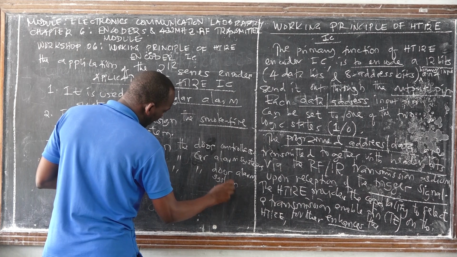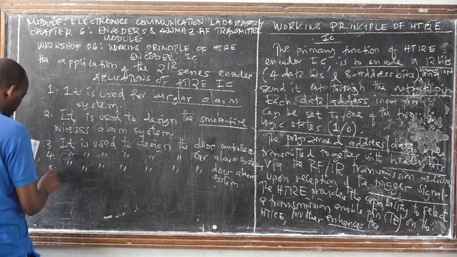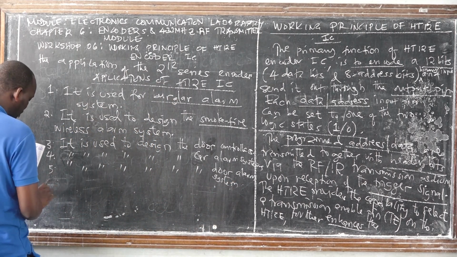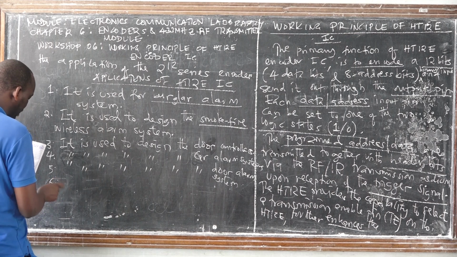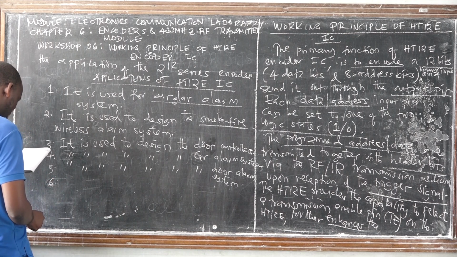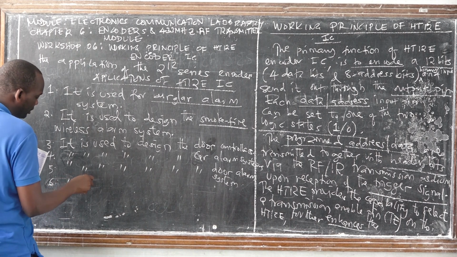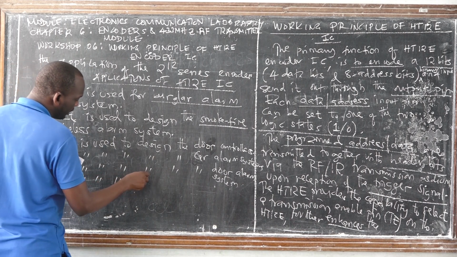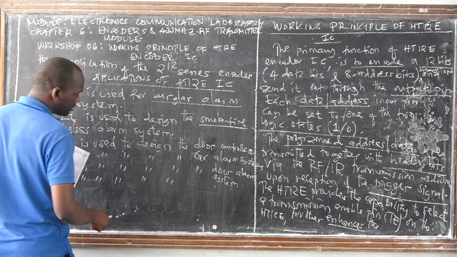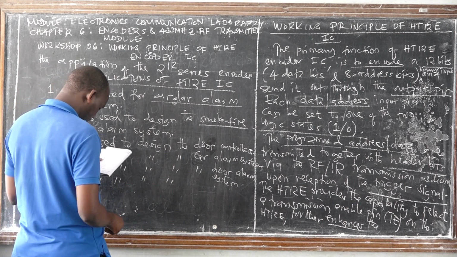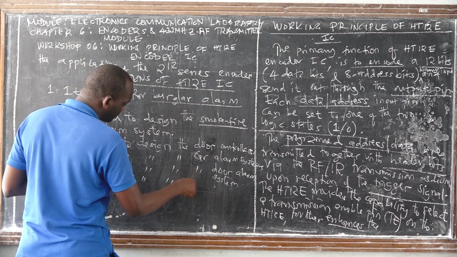You know that some cars, in case you touch them or you approach, they can sense and they produce an alarm to alert that somebody is on your car. But also we use this HT12E encoder to design the security system.